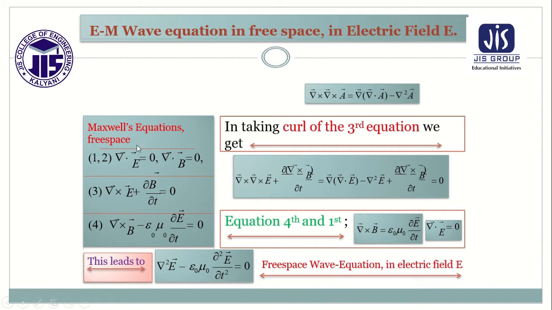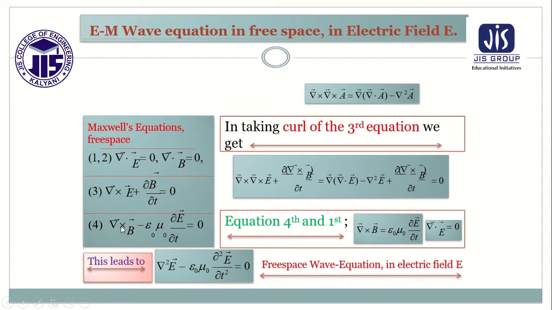In the last class we discussed Maxwell's equations in free space. So there were 4 equations. I hope all of you can remember. The first is nabla dot E equal to 0, where E is the electric field. Nabla dot B equal to 0, B is the magnetic field. Nabla cross E plus del B by del t equal to 0, this is the third equation.